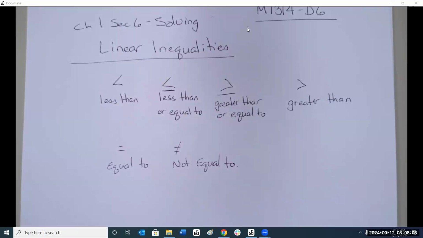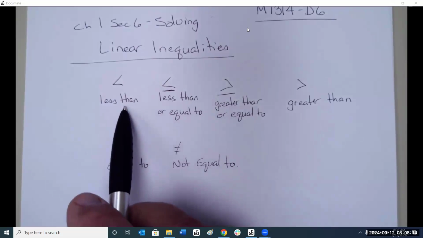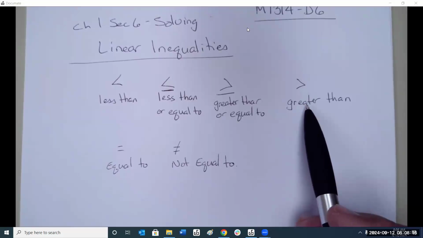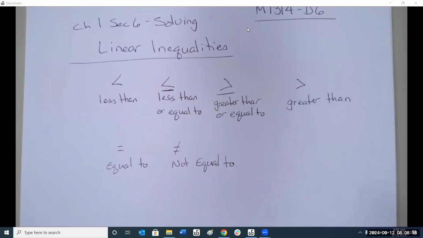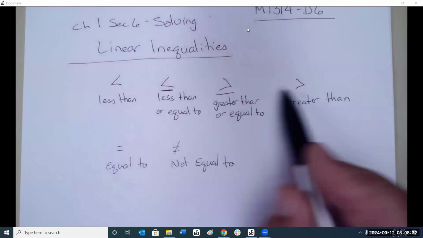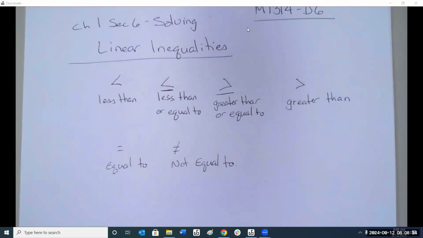Now, why are they named as they're named? Why is this one less than? Why is this one greater than? Well, what do you need to have? In order for this to mean what it's supposed to mean, what do you need?